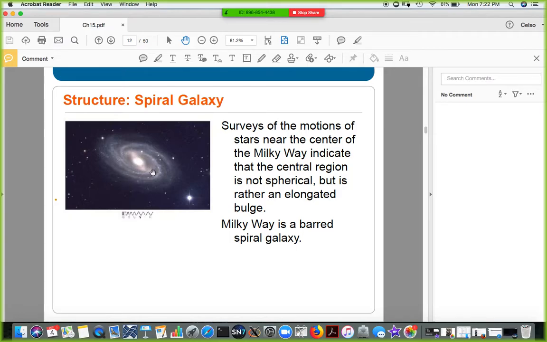If you are in the disk of the galaxy, all the stars and the gas go around in a very definite way, as opposed to the stars in this bright area we call the bulge. They go around the center in any way they please. In fact, it depends on how exactly they were formed.